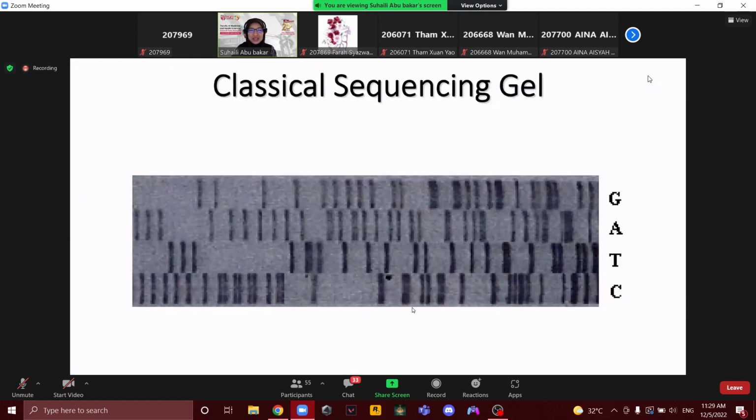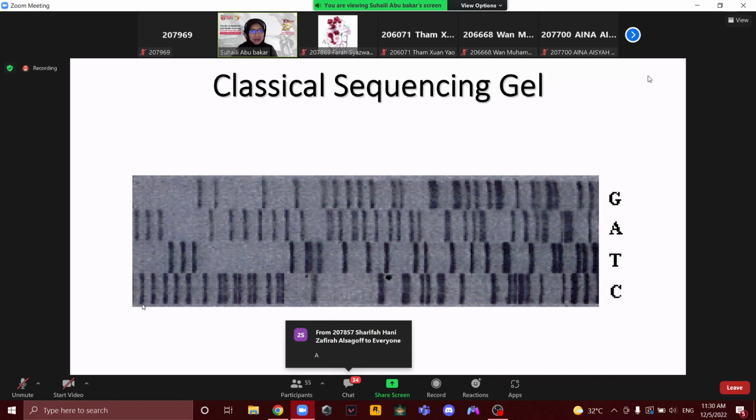This is the classical sequencing. Can someone write here? Who wants to write? 3 prime or 5 prime here? It starts from here. Longest, shortest. Longest is 3 prime, 5 prime. What nucleotide comes first? From left to right, top to bottom.